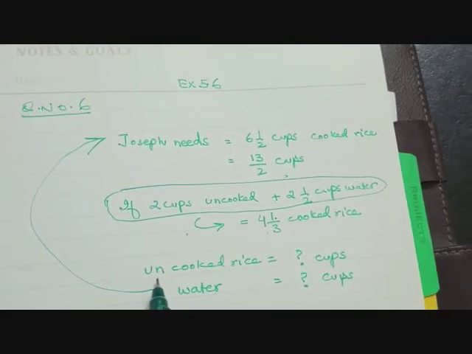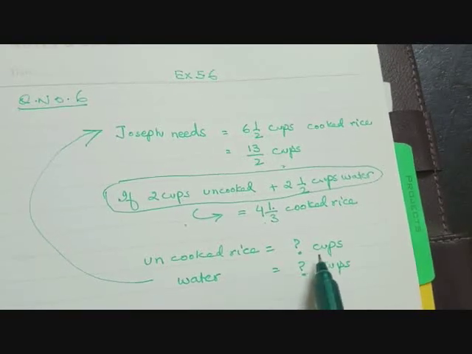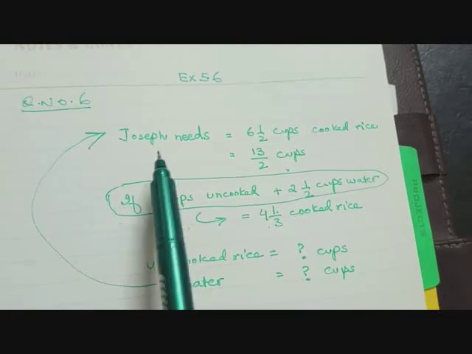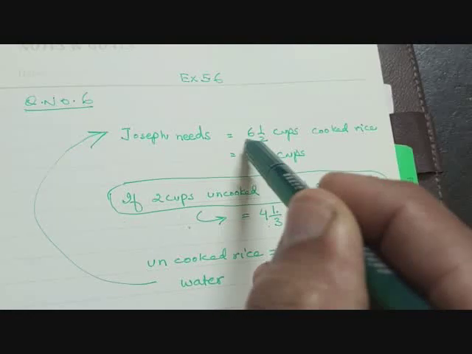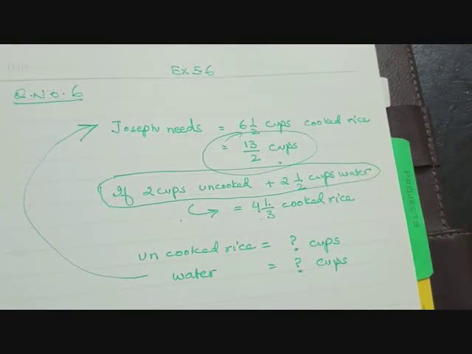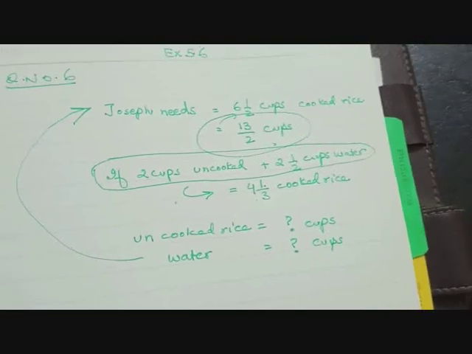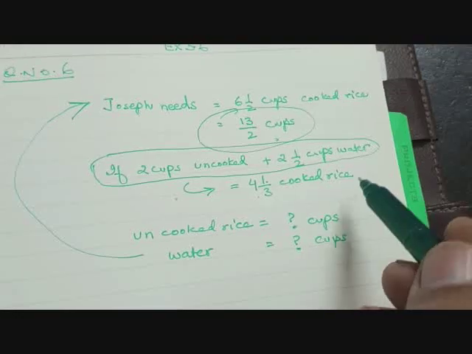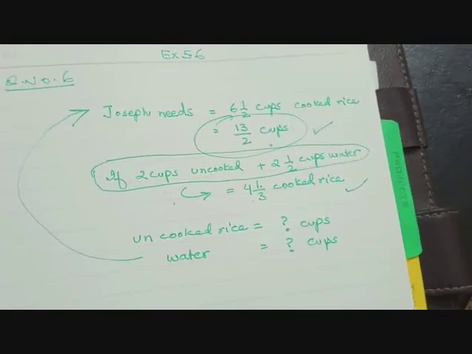We have to find the quantity of uncooked rice and the quantity of water for this quantity. Now we have two quantities which are cooked: number one, which is given to us, and number two, which we have to find.